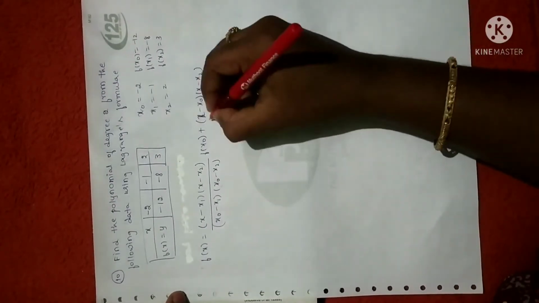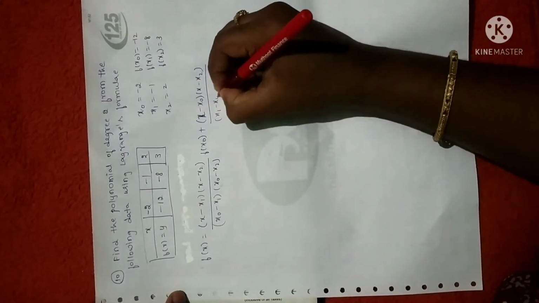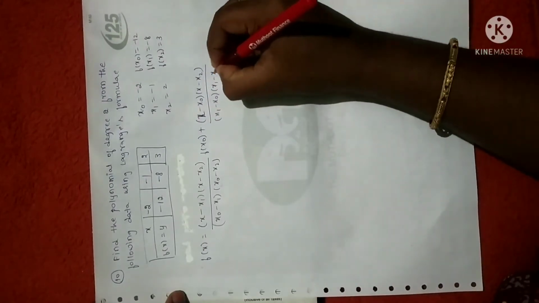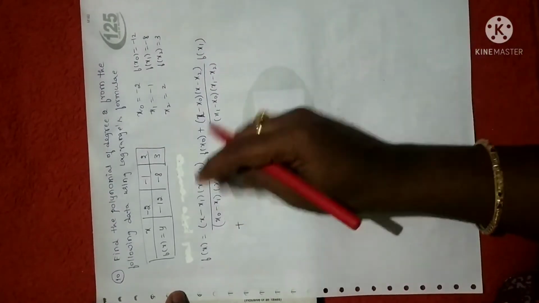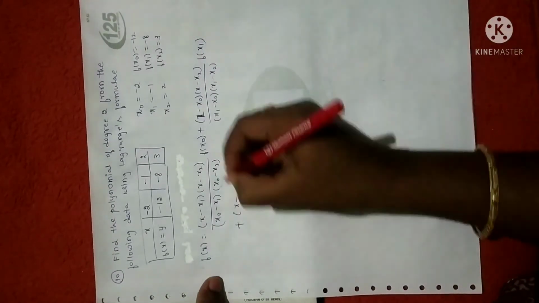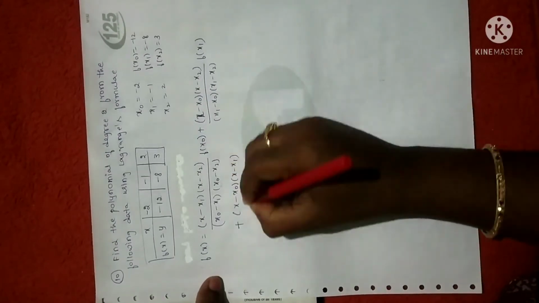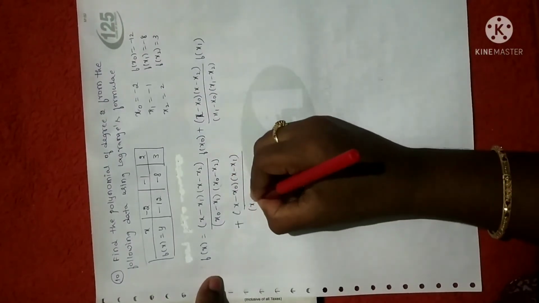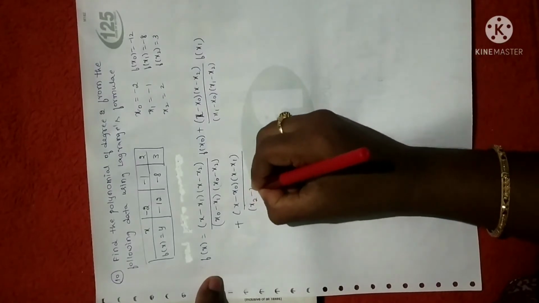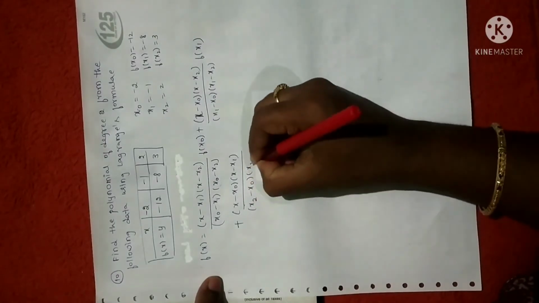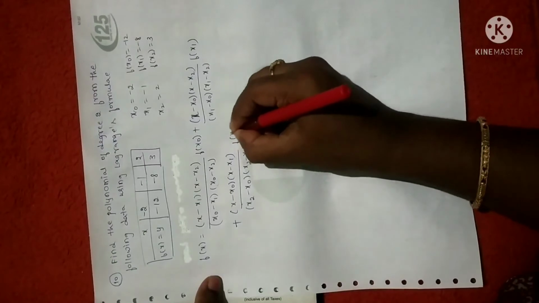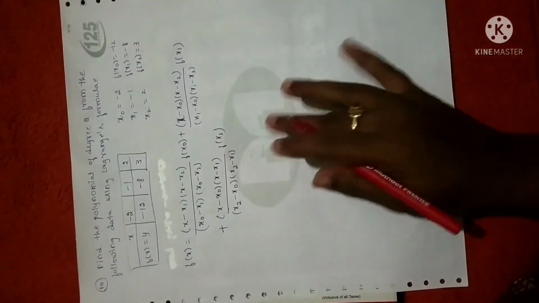So in place of x we need to write x1, x1 minus x0 into x1 minus x2 into f of x1. So 3 point in the sense you are going to get only 3 terms. Next x minus, you should not write x2 now, x minus x0, x minus x1 divided by, in place of x we have to replace x2, x2 minus x0 into x2 minus x1 into f of x2. Clear? Now let me substitute.